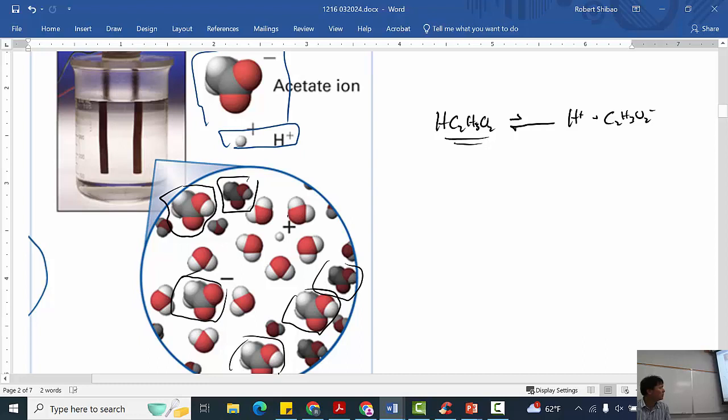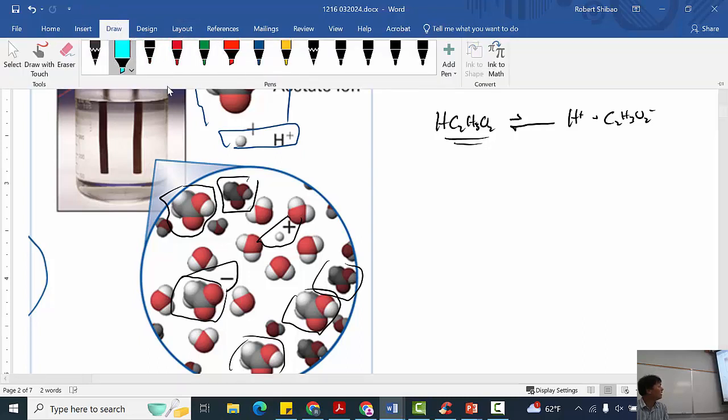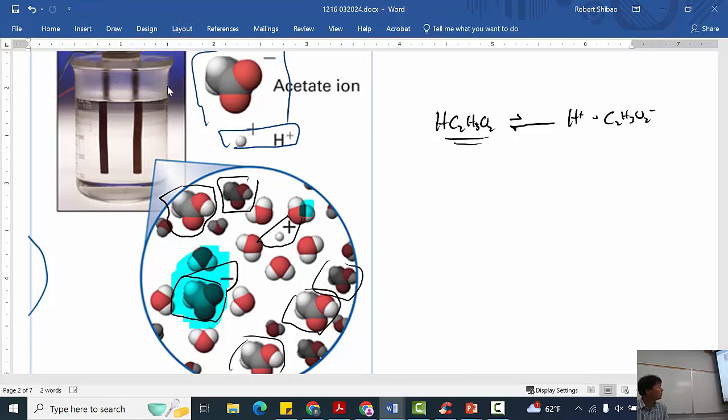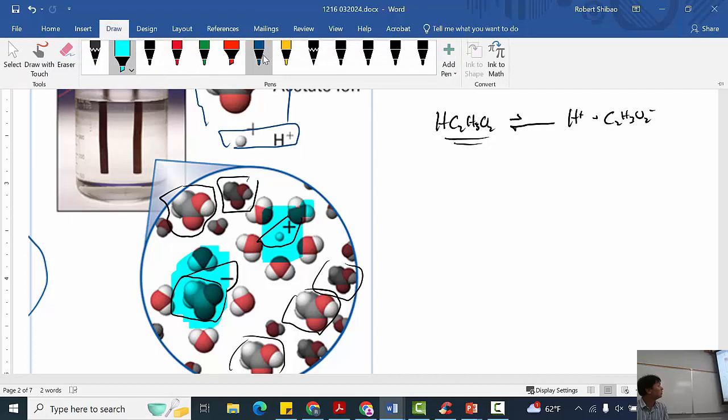This one split apart. And so out of all these, most of them have not split apart. This one split apart here. The rest are not broken apart.